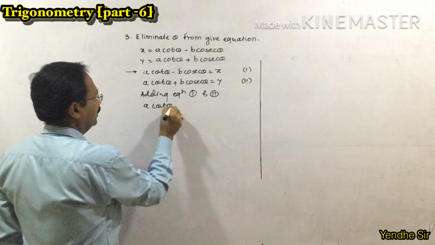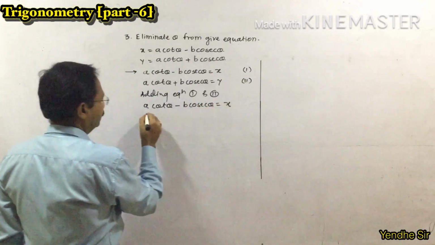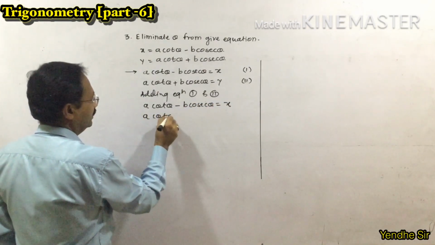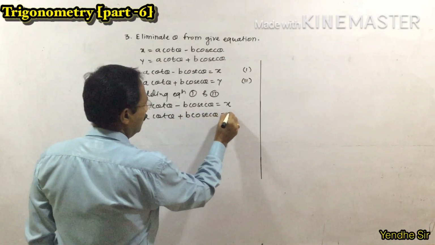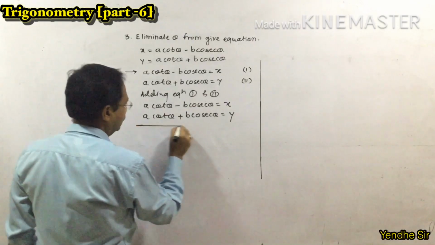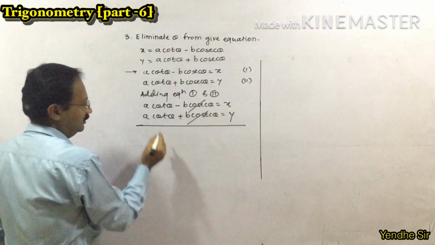A cot theta minus b cosec theta equals x, and a cot theta plus b cosec theta equals y. If you add it, we don't need to change the sign. It will directly cancel. So what you get?